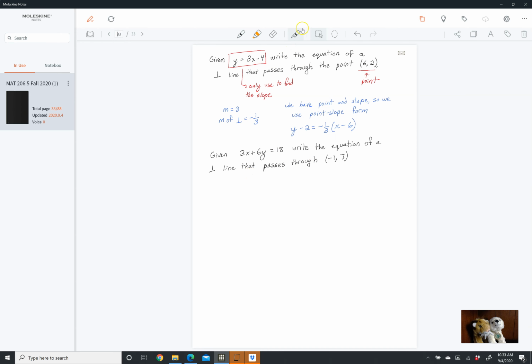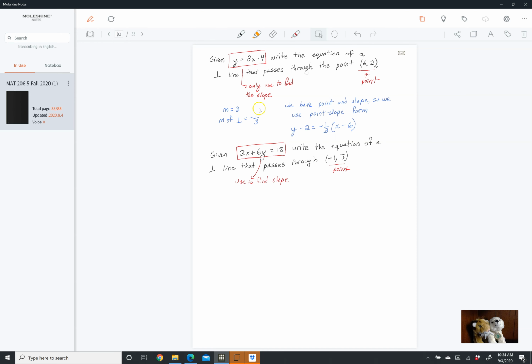So we have our two things again. We have our point. It's given to us. This is the point. And we have the equation that we're going to use to find the slope. This is all that we use it for. Once we find the slope, this becomes irrelevant.